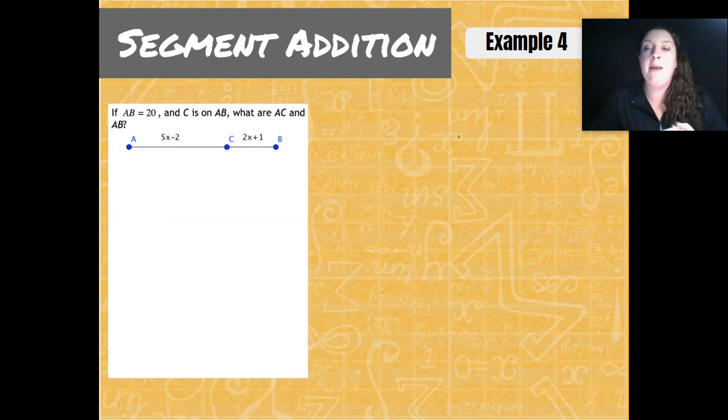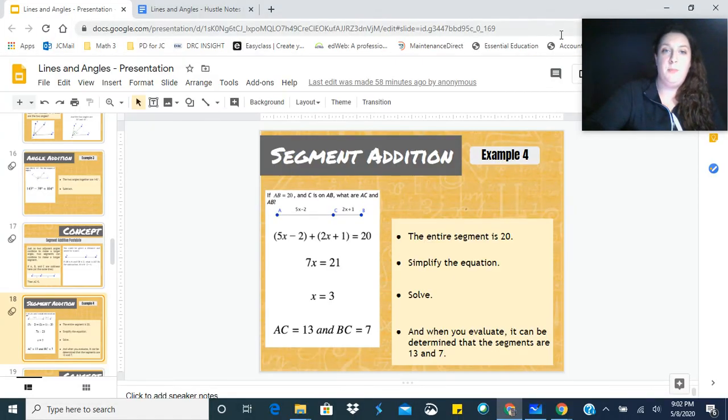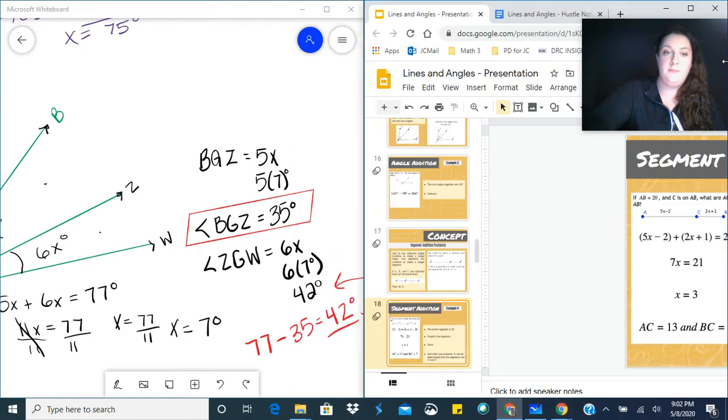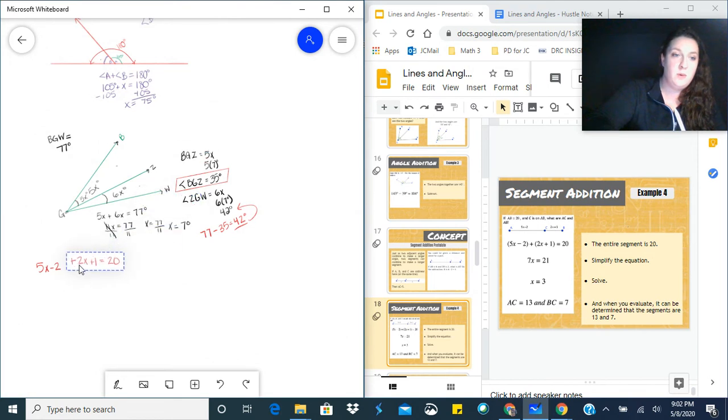When we are adding our equations like that, and I'm going to write it out on my whiteboard, and I will bring it up for you guys in 1 second. 5x minus 2 plus 2x plus 1 is equal to a total of 20. So I'm going to go back so you guys can see. Oh, whoopsie.